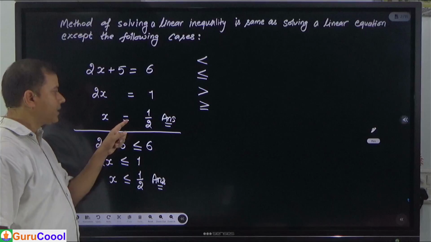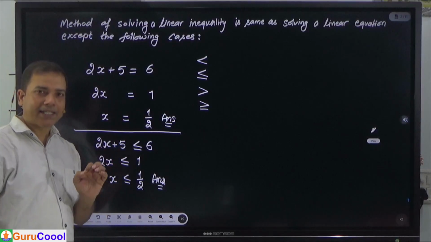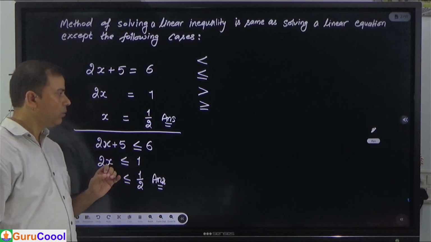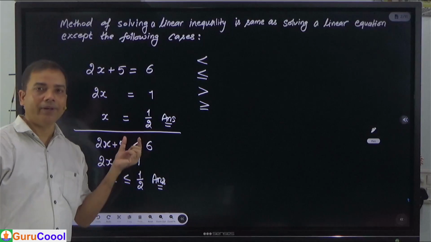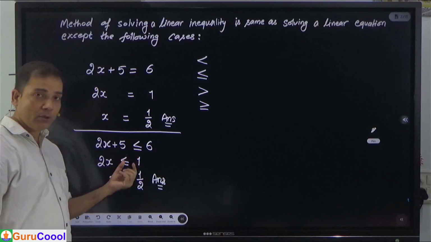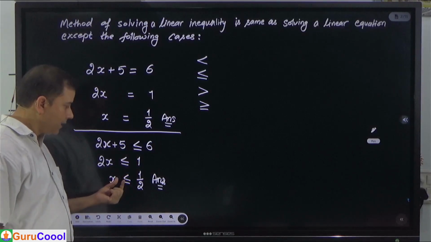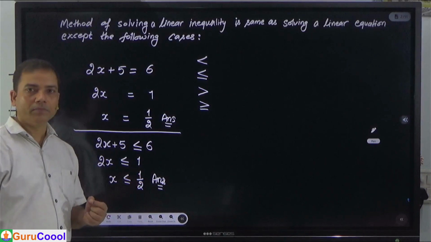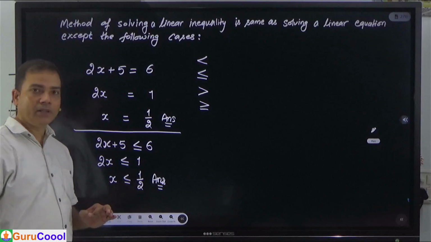Now what is the difference between these two solutions? When it is written x equal to 1 by 2, that means x has only one value, 1 by 2. So only one value, only one solution. But in case of inequality, it says x is lesser than or equal to 1 by 2. What is the meaning?